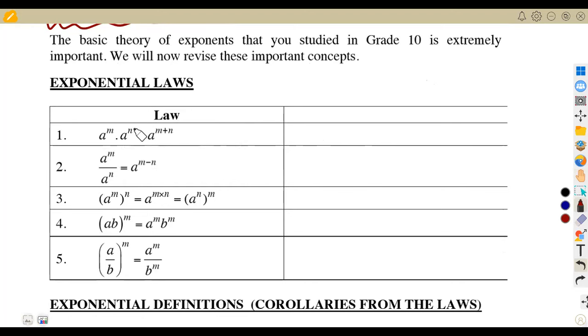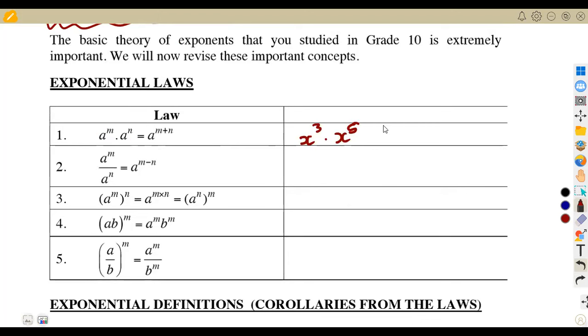From our laws, remember, if you're dealing with exponents, provided that you are multiplying bases which are the same, we are going to add the exponents: a to the exponent of m, multiplied by a to the exponent of n, gives a to the exponent of m plus n. So this is provided that you are working with the same bases. For example, x to the exponent of 3 multiplied by x to the exponent of 5.